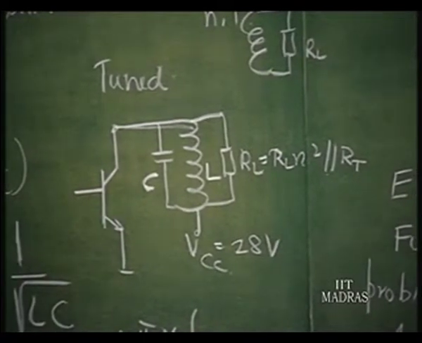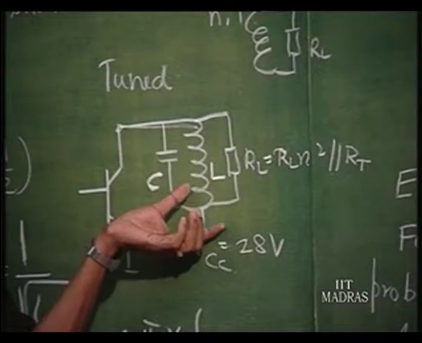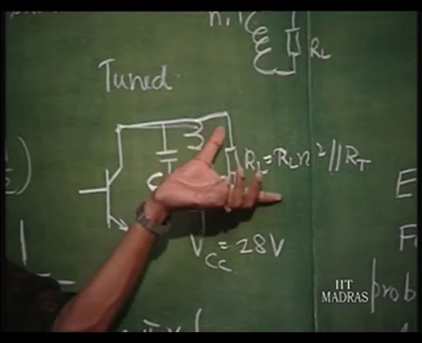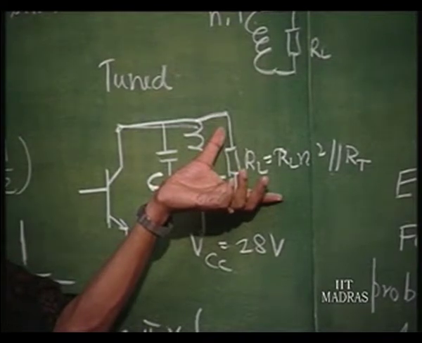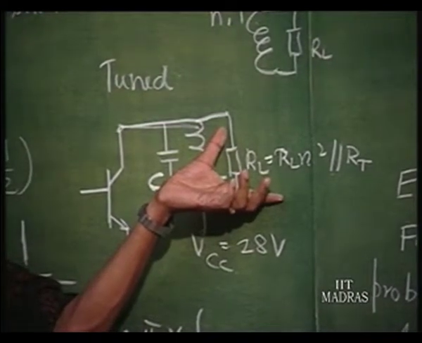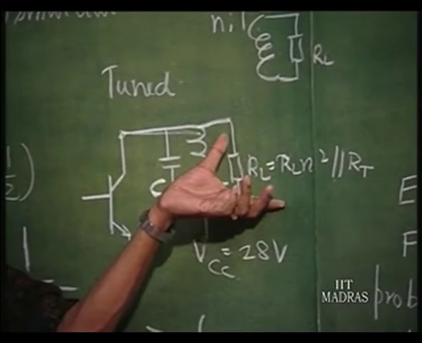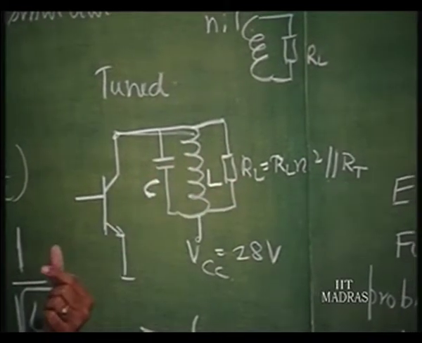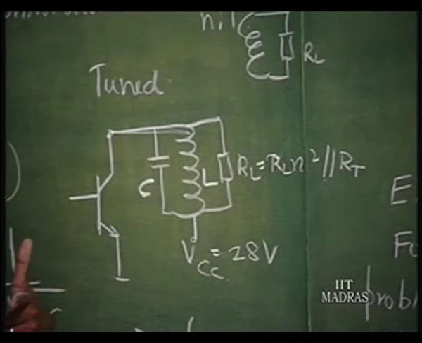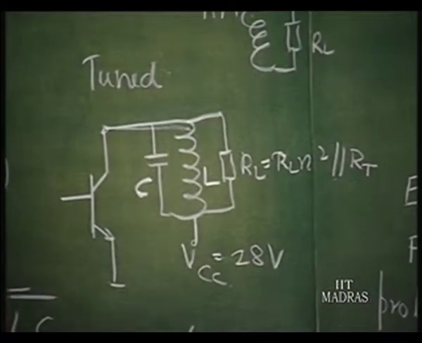The coil resistance is getting converted to an effective parallel resistance, which is coil Q squared times the coil resistance Rs. If Rs is low, Q of the coil is high, and therefore, Q squared Rs is going to be very high.